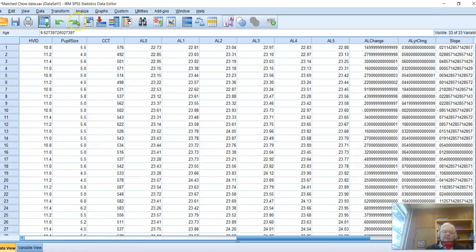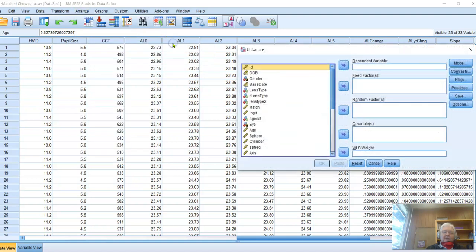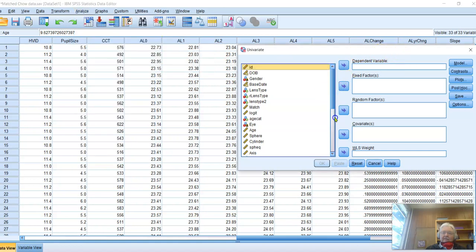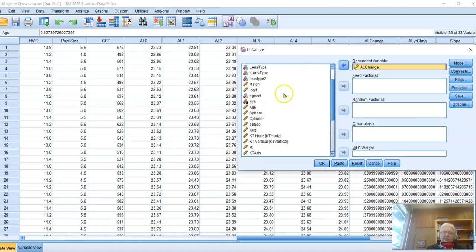So let's do that. We're going to analyze, general linear model, univariate. Even though this is sort of like a repeated measure, we're not using the repeated measures. We're using the univariate option. The dependent variable is change, and the fixed factor is lens type. We can do lens type 2 again.